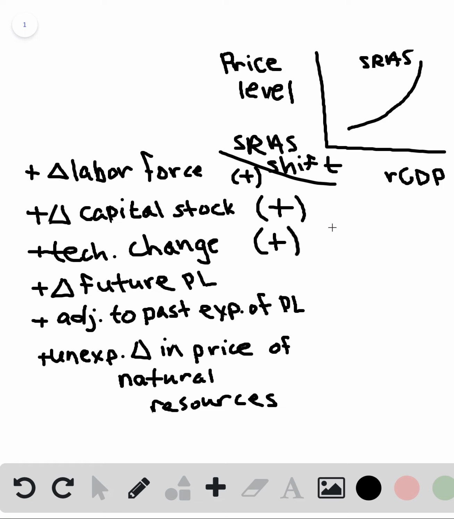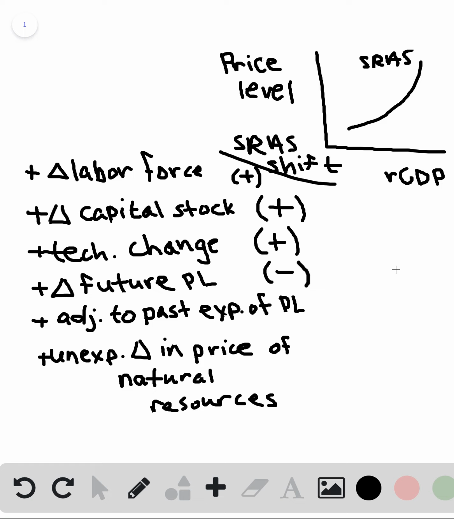So it will cost more for a company or a business to produce the same amount. So they will be producing less if there is an increase in the expectation of the future price level. So the short-run aggregate supply curve will shift leftwards, which we symbolize here with a negative sign.